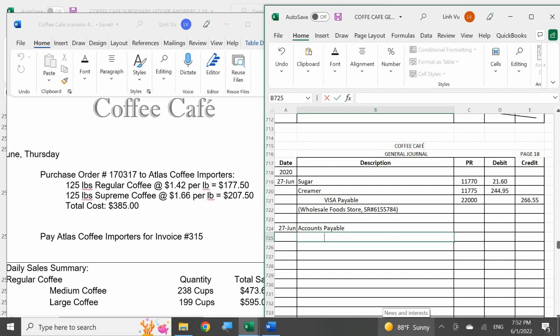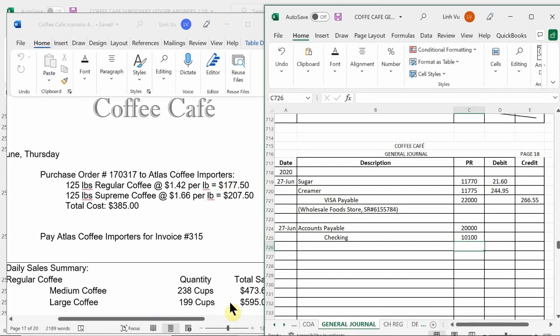We're obviously going to be writing a check. So therefore, checking is what's going to be the account that we're writing off. So in this case, accounts payable is $20,000, and we're writing a check for the invoice 315.